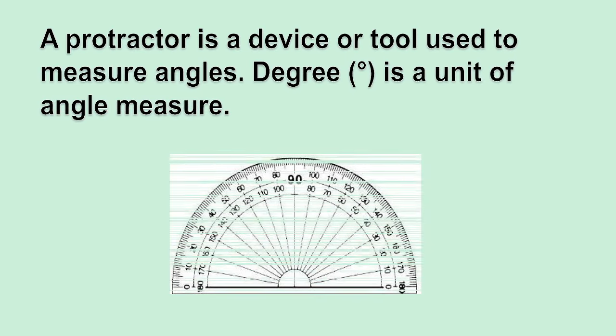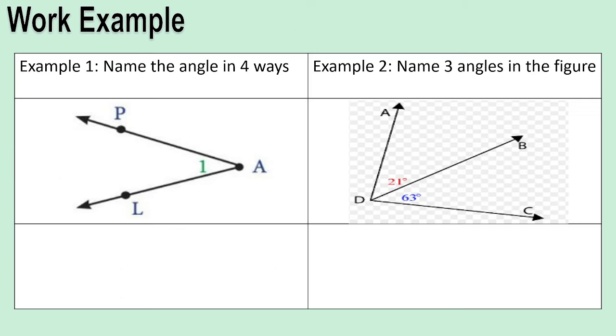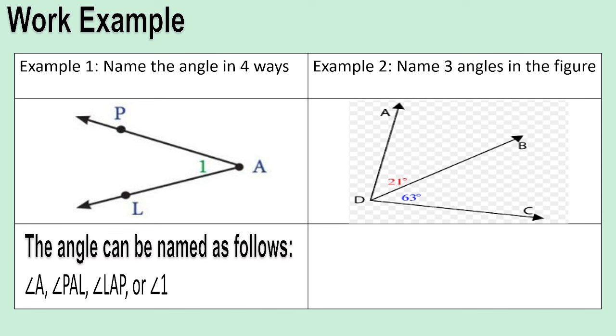A protractor is a device or tool used to measure angles. Degree is a unit of angle measure. Work example. Example 1. Name the angle in 4 ways. So we have here, the angle can be named as follows: angle A, angle PAL, angle LEP, or angle 1.